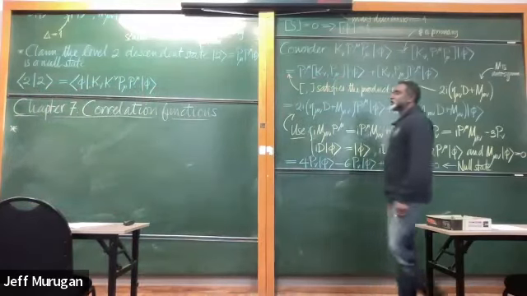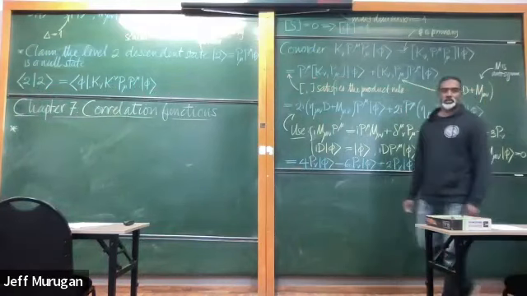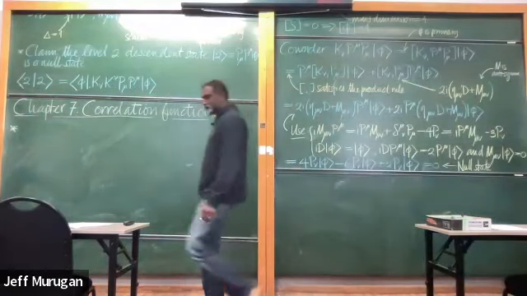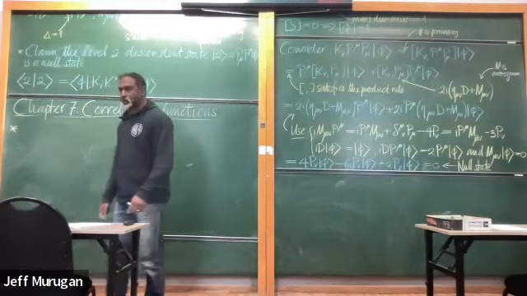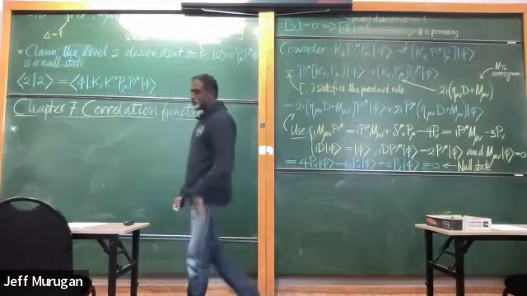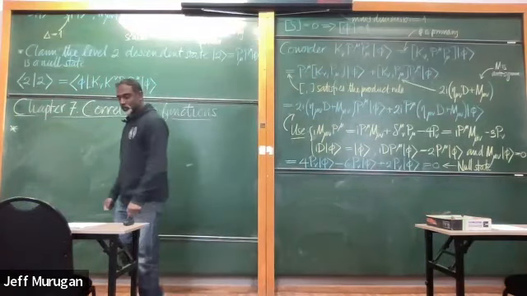A correlation function is basically a function on my theory space. So it takes in some points in space-time and it returns a number. Okay, and this is going to be an important philosophical point to keep in mind as we go forward.